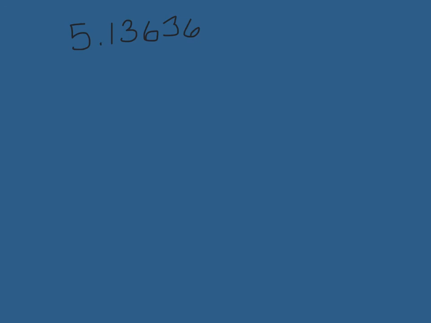So when I would write this answer to show that it's a repeating decimal, it would be 5.136, and I'd only put that bar over the 36 to show that those two numbers are repeating, not anything else in that number. So you only put a bar over the digits that actually repeat.